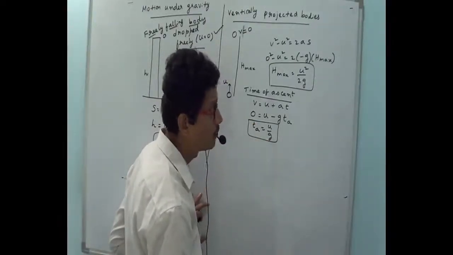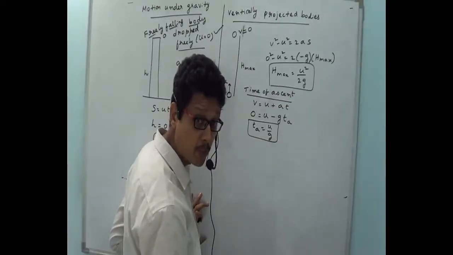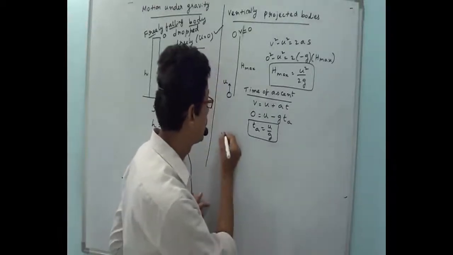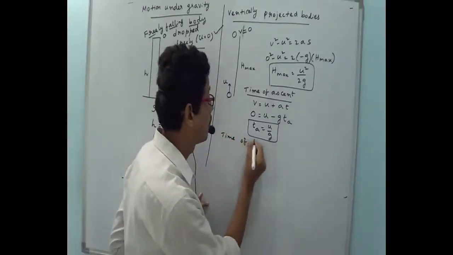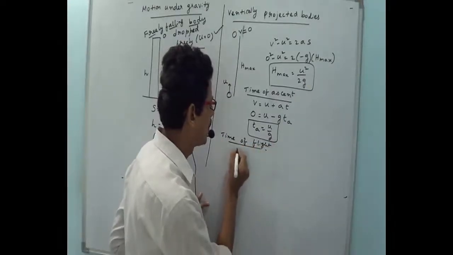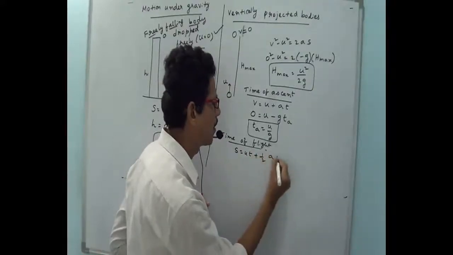Time of flight. What about time of flight? Time taken by the body to remain in the air. I will take this equation, s is equal to ut plus half at square.